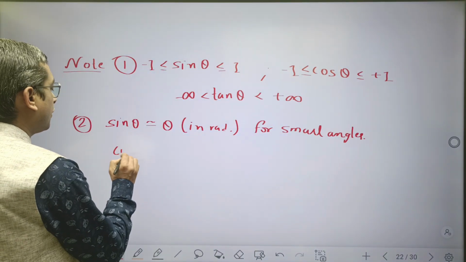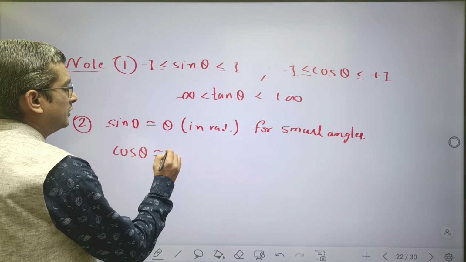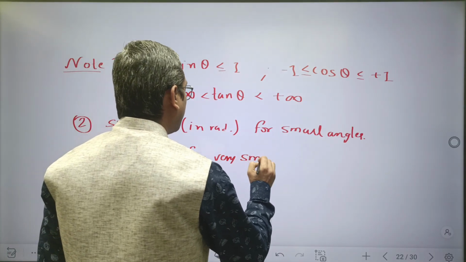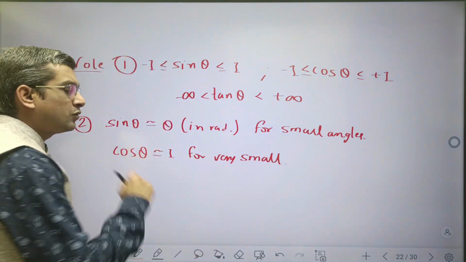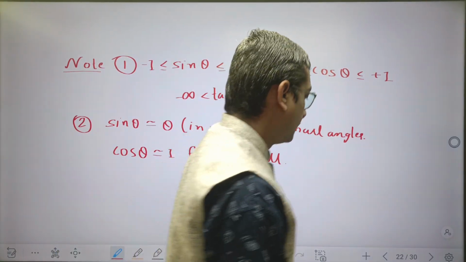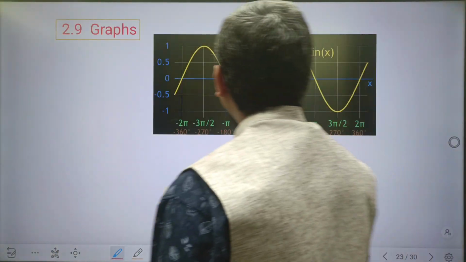But in case of cos theta, this value is equal to 1 for very small angle, because as theta approaches 0, the value of cos theta approaches 1. Isn't it?